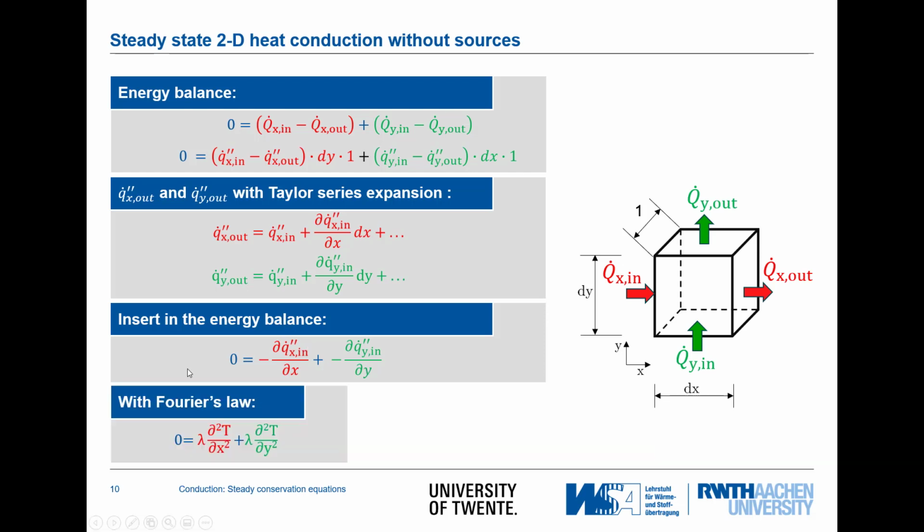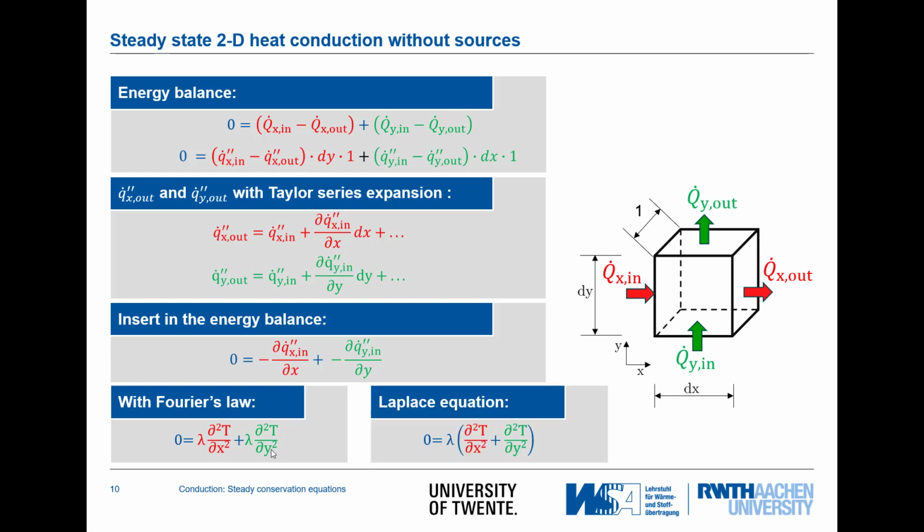With Fourier's law, if we exchange this qx again with lambda times the first derivative of the temperature, we end up with a second derivative of temperature in x direction, and on the other side with the second derivative in y direction. And this leads us to the Laplace equation, where 0 is equal to the thermal conductivity times the two temperature derivatives of second order with respect to the two different locations.